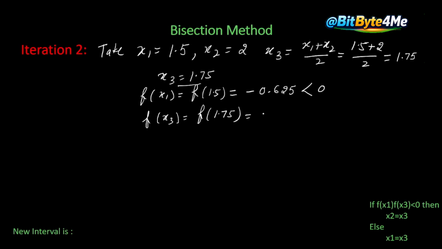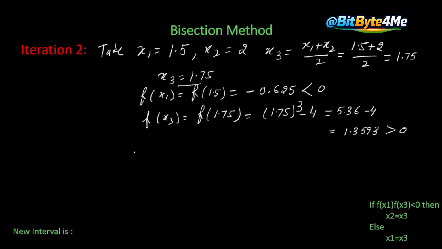Calculate this from the equation: 1.75 cube minus 4. If you solve this, you will get 5.36 minus 4, which will be equal to 1.3593, which is greater than 0.